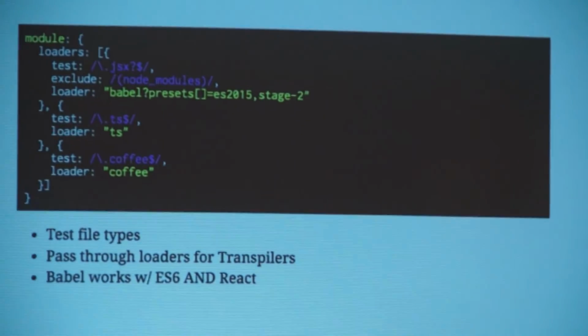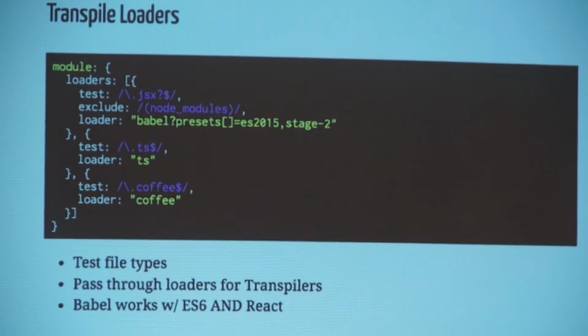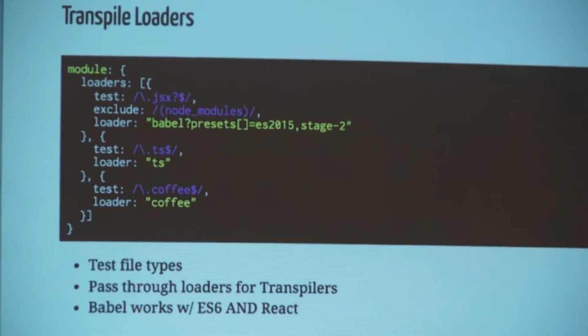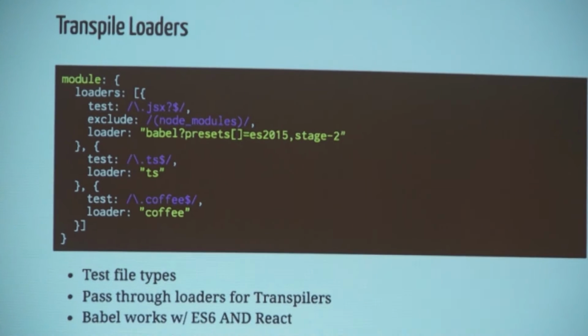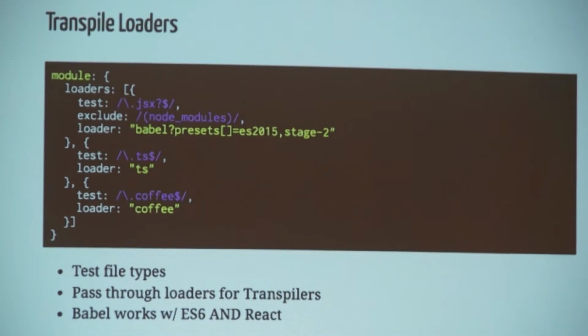Well, that's the awesome part about using Babel and Webpack: you totally can be doing that right now, which is crazy. So what you can do is use Babel with the presets. You can use TypeScript. You can use CoffeeScript, and just throw a few Babel polyfills in there, and you're good to go in those old browsers.